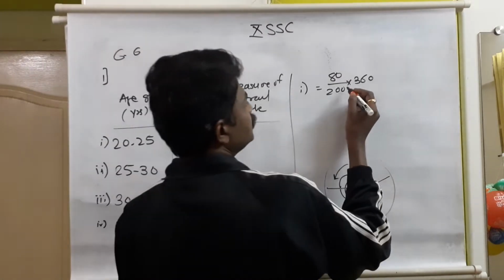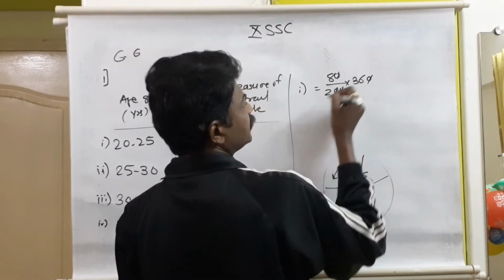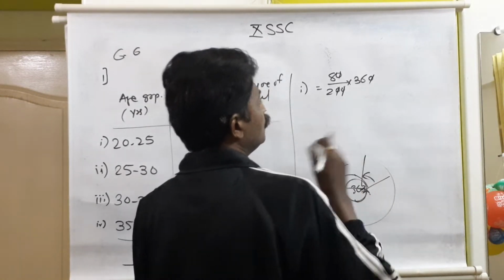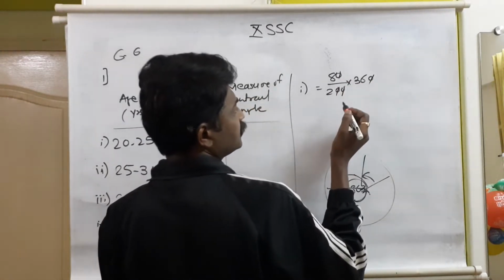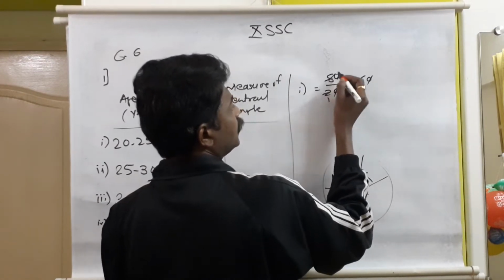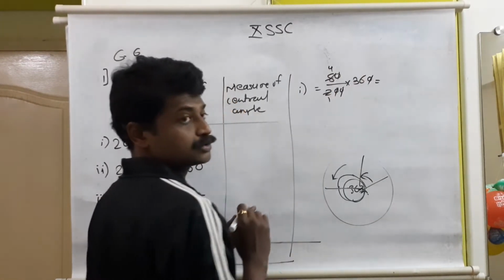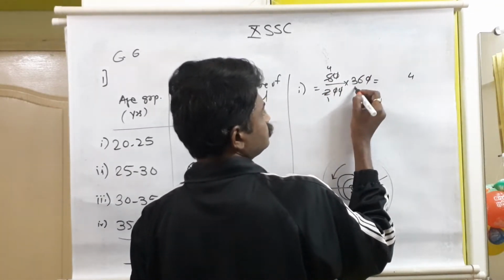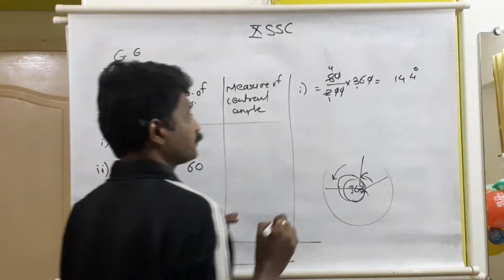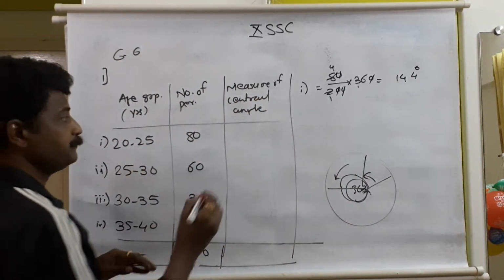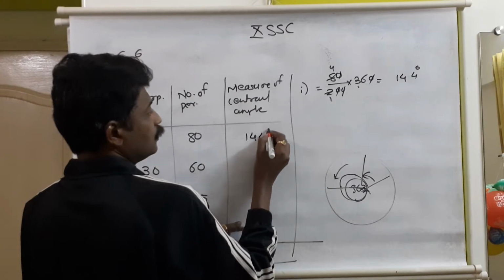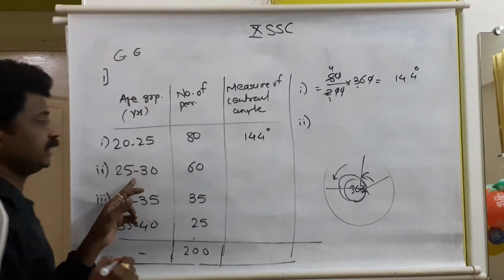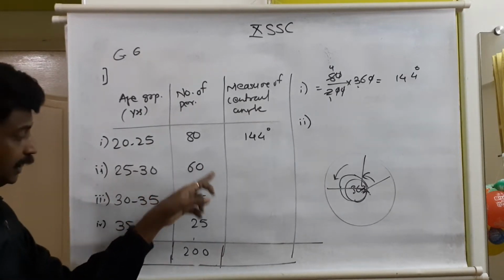Here one 0 gets cancelled, the other 0 gets cancelled, two 1s and two 4s remain, so it remains 36 into 4, which is 144 degrees. It means for the first class 20 to 25, the angular measurement is 144 degrees. For the second class, 25 to 30 age group, 60 people out of 200.